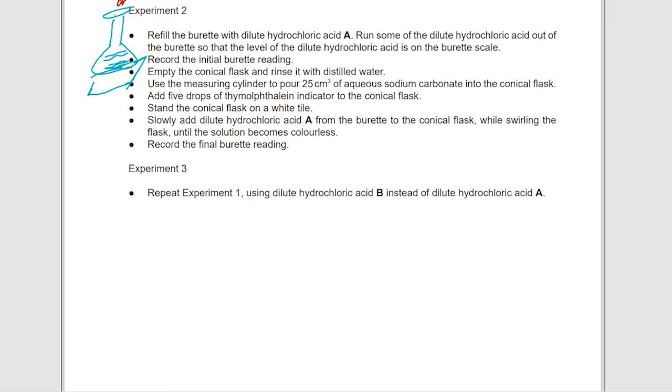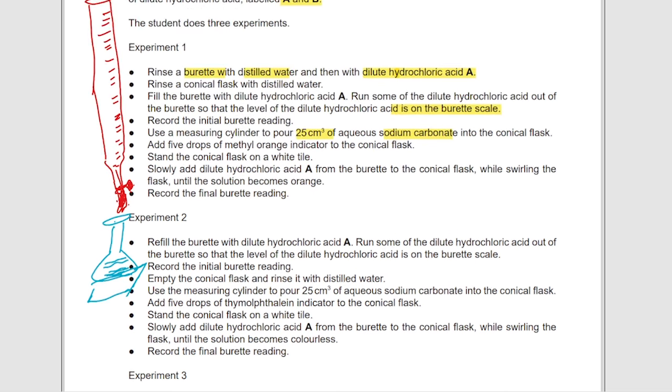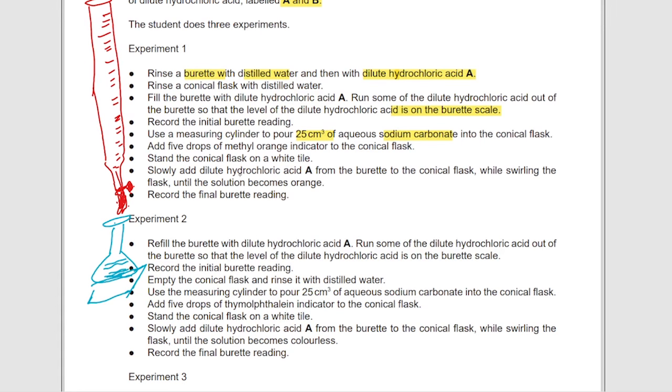So third experiment will be done. Repeat experiment 1 using dilute hydrochloric acid B instead of dilute hydrochloric acid A. You all can see that here methyl orange indicator is used for the experiment along with the dilute hydrochloric acid A. And in the second experiment, phenolphthalein indicator is used along with the same acid, only the change in the indicator.